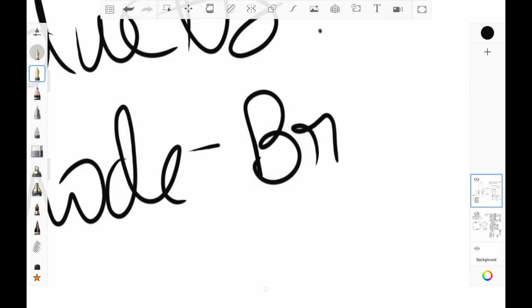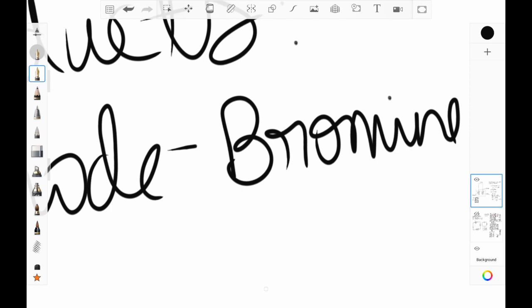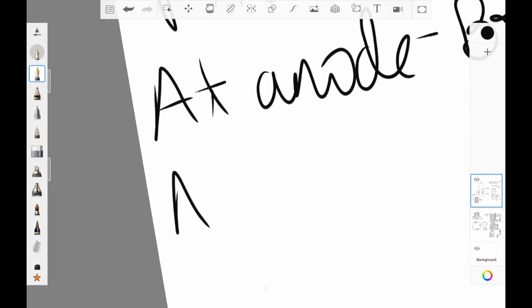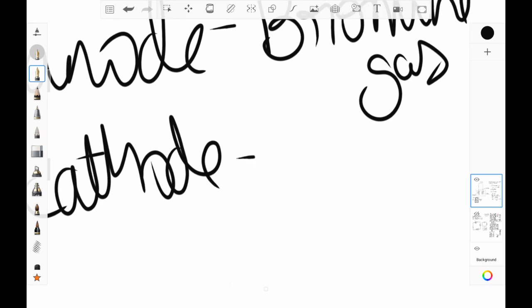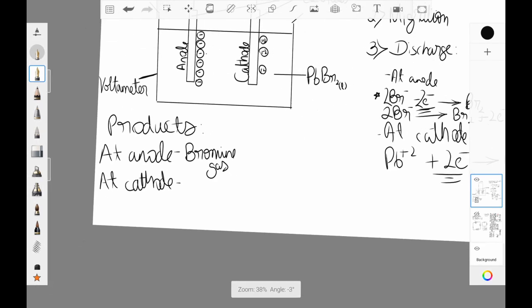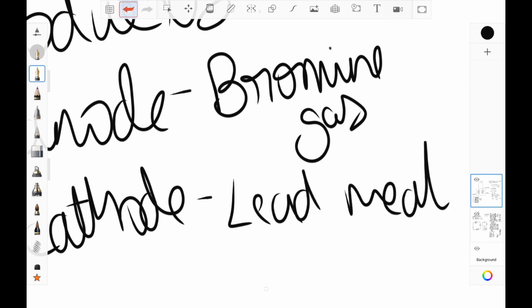So you can write that: bubbles of bromine gas. At the cathode, you are going to see a lead metal form. So it's basically going to coat the electrode. Metal.